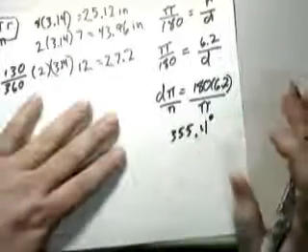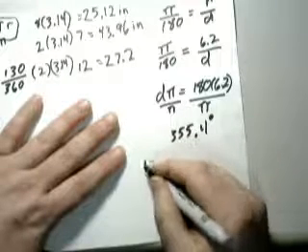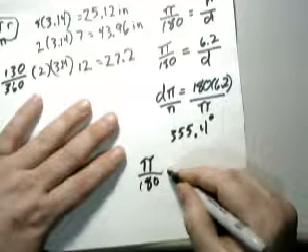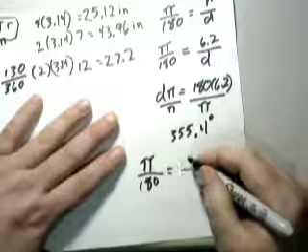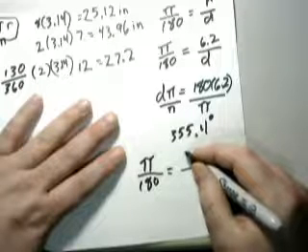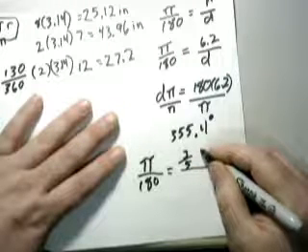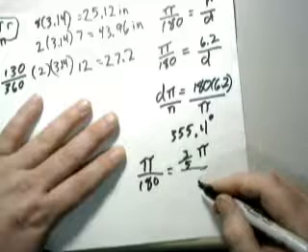Now, if you're going from radians to degrees, I set up my ratio here. Let's say I've got a measure in radians, and let's say that it is 3/5 pi, and I'm trying to find the degrees of this.